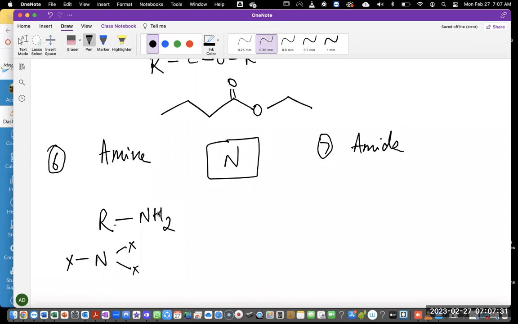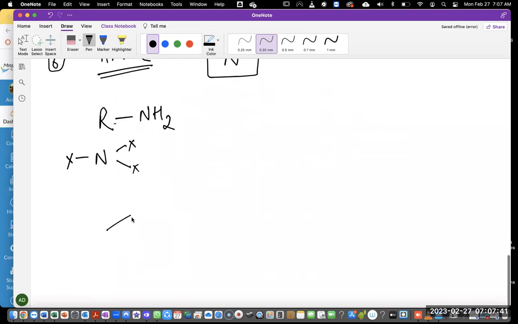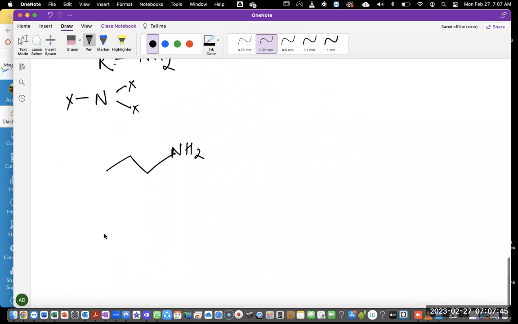Okay, these hydrogens could be replaced by more carbons, but still you have what we call amine. So if I give you an actual example, you have a structure like this, and at the end you see NH2. Or if I show you a structure like this, there's a nitrogen and there are more chains and there's still 1 hydrogen here.